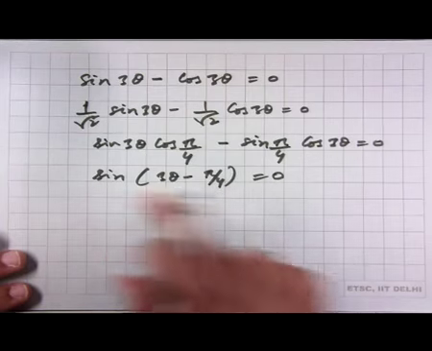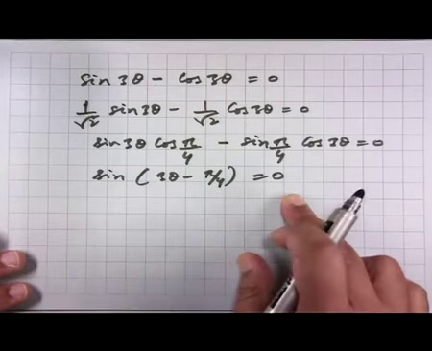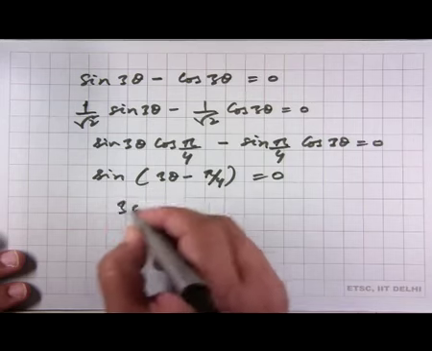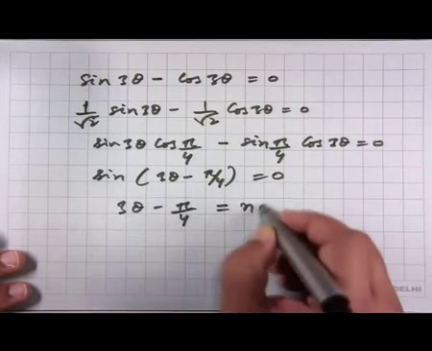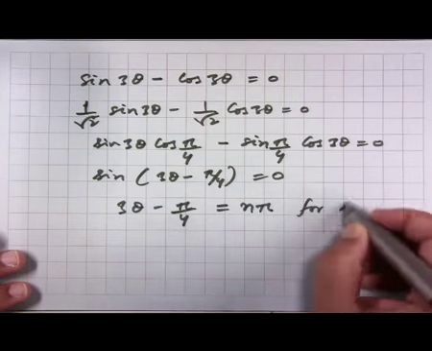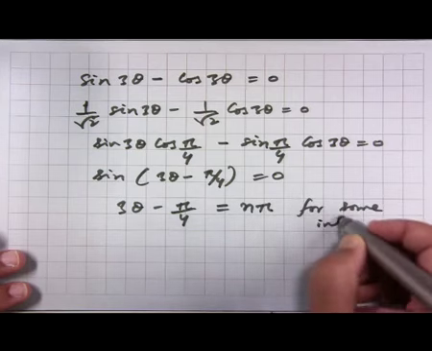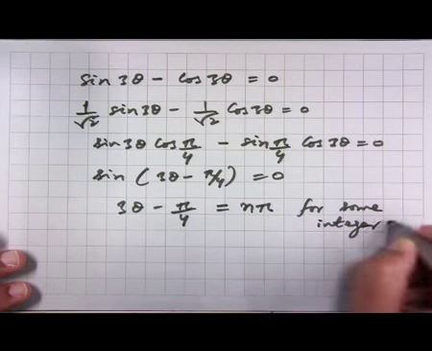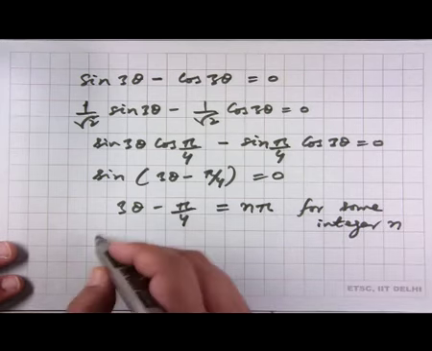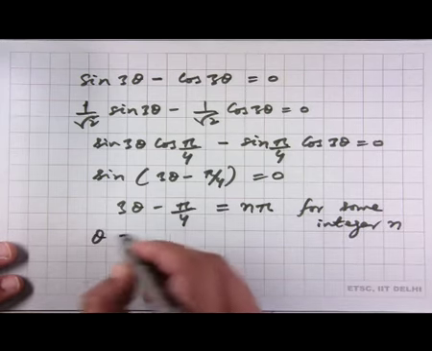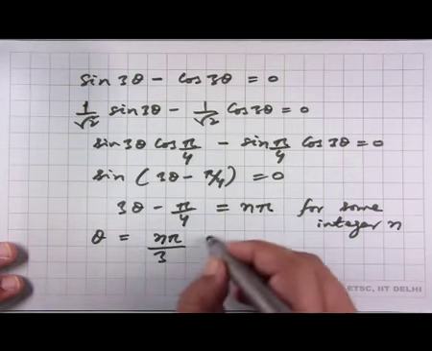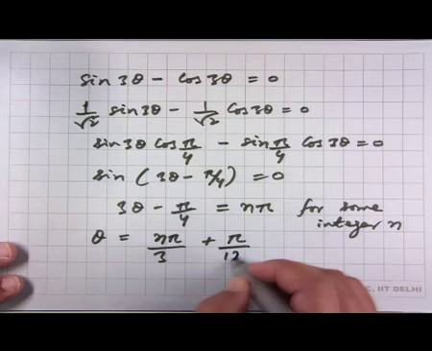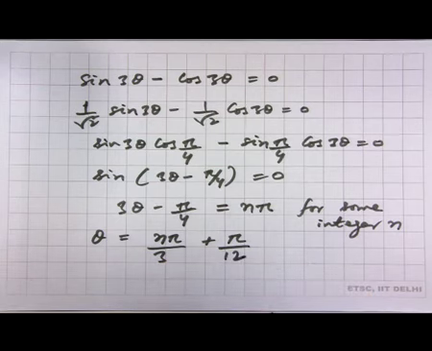And then the solution to this trigonometric equation, as we all know, is that 3 theta minus pi by 4 should be equal to n pi for some integer n, which essentially implies that theta is of the form n pi over 3 plus pi over 12 for some integer n.